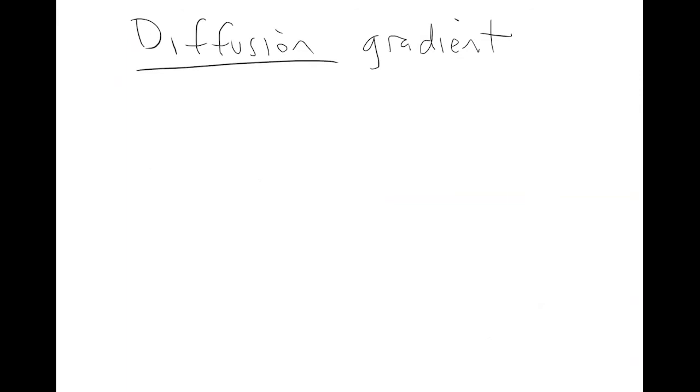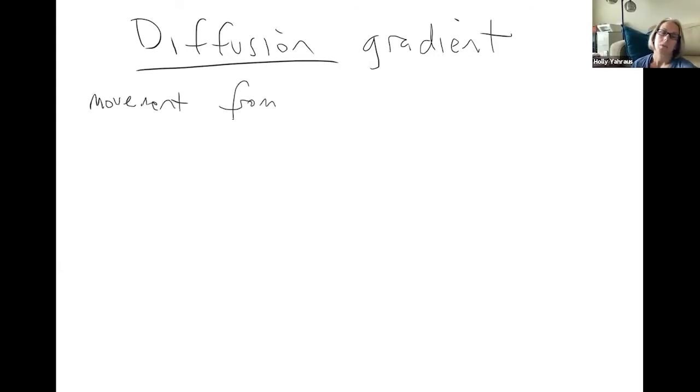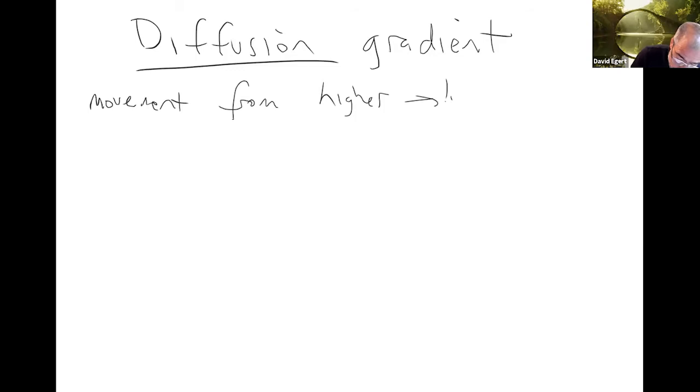What can pass the barrier, like what can diffuse through? That's more what we'd call permeability. Permeability is whether or not something can move through a boundary. Diffusion is going from higher concentration to lower. So this is movement from higher to lower concentration, and this we call passive transport.